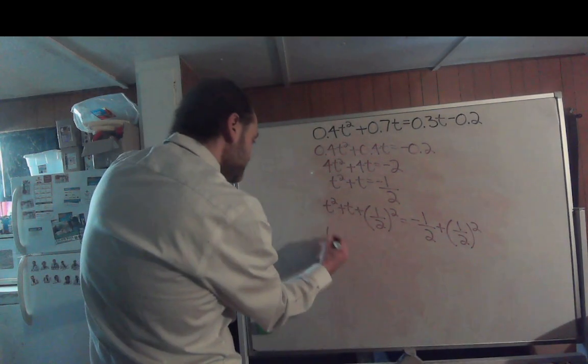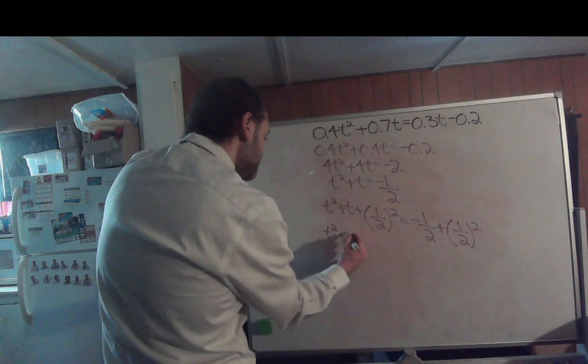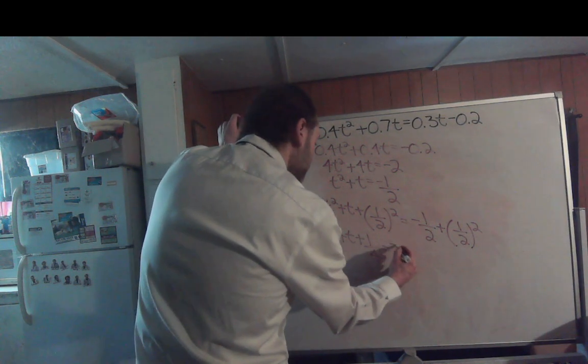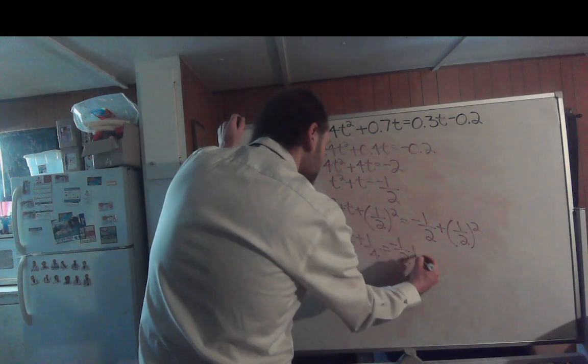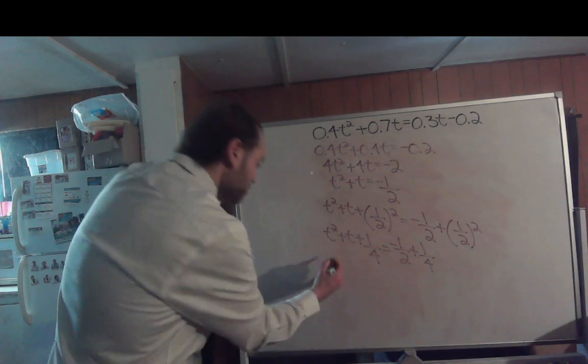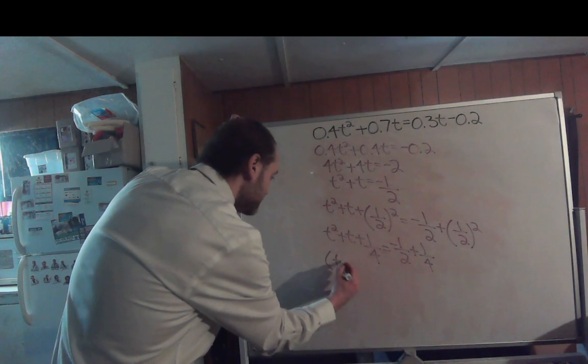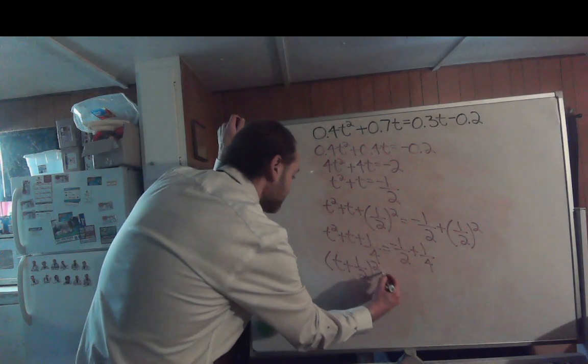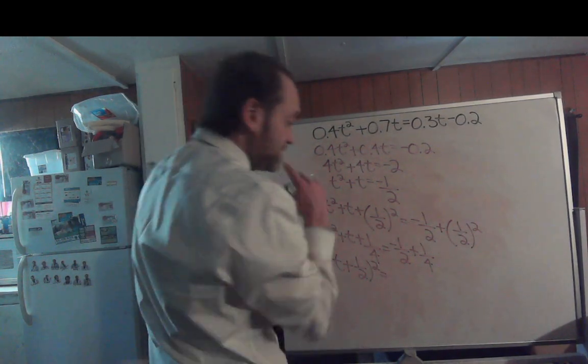So this would turn into t squared plus t plus 1/4 would equal negative 1/2 plus 1/4, which would turn into, on the left side, t plus 1/2, that quantity raised to the second power, is going to end up equaling negative 1/4.